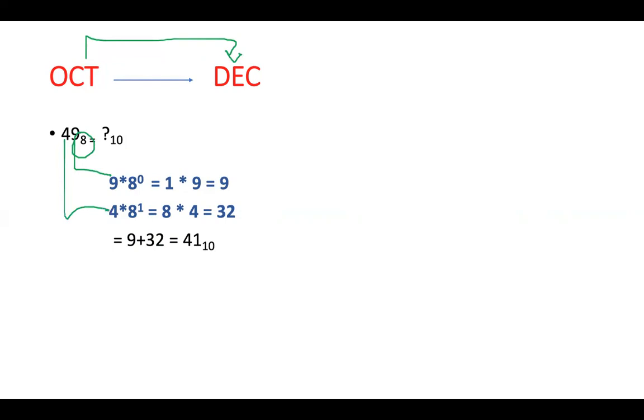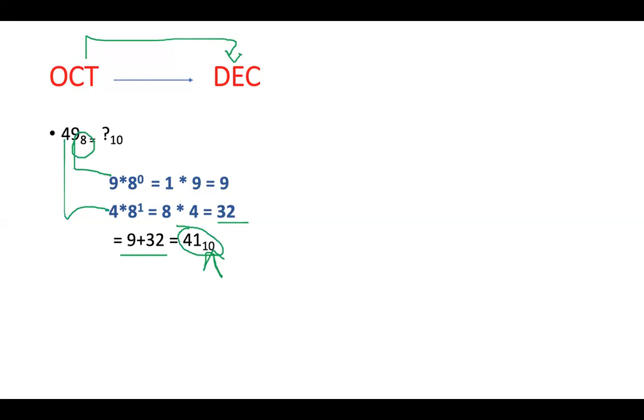So 1 multiply 9, it's going to equal 9. 8 to the power 1 is 8. 8 multiply 4, it's going to equal 32. And after we add 9 plus 32, we are going to have 41 to the base of 10, because now it's a decimal number.